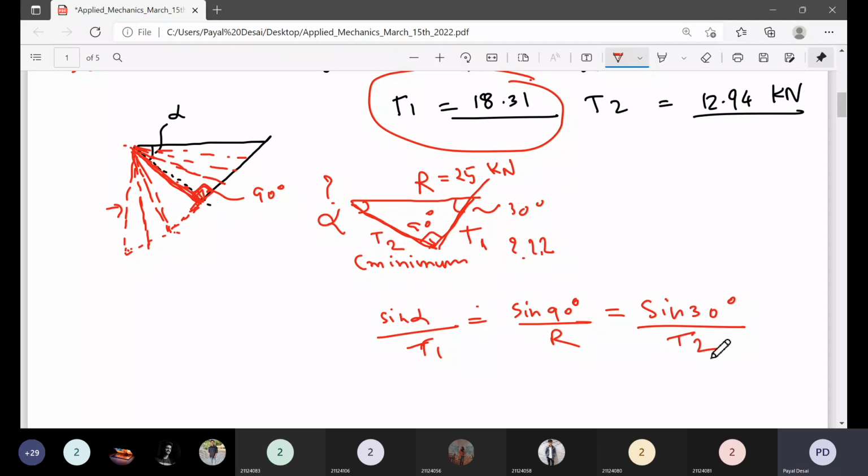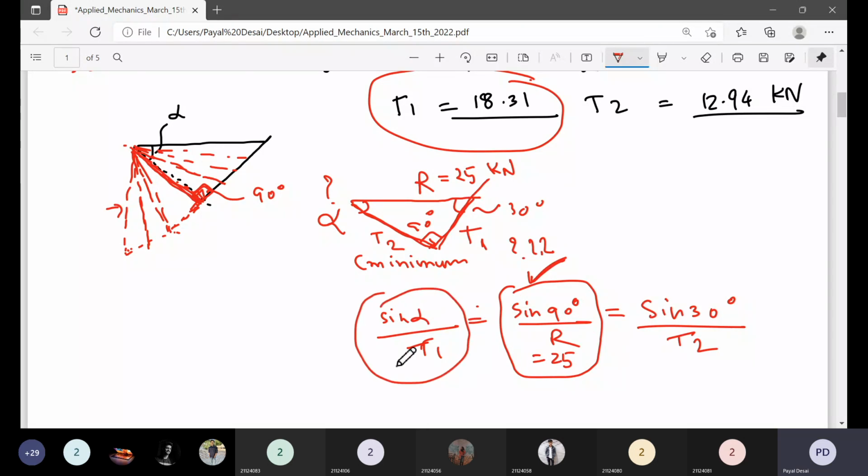Always when you write the sine rule, you just have to check which values are unknown to me, which I cannot determine, and which are known, which I can determine. If here I know both values, then definitely I am going to use this. And here two things are unknown: T1 is unknown and alpha is also unknown, so I cannot use it, right?